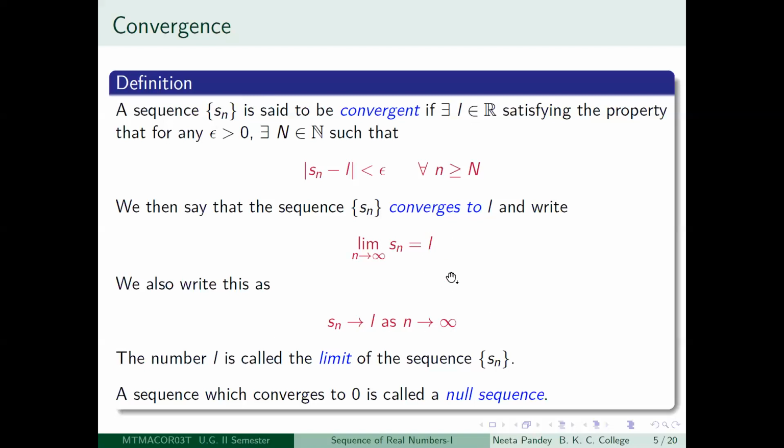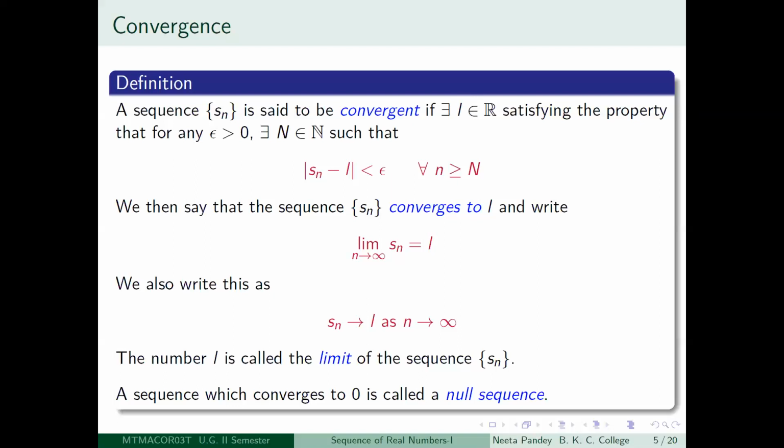This number L is called the limit of the sequence Sn, and it is not clear beforehand that this number is unique. All we have said is that if I can find such a number L so that this property holds, then we say that the sequence converges to L. It may be possible that it converges to some other point also, but actually that is not true.